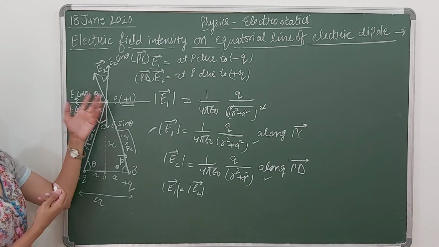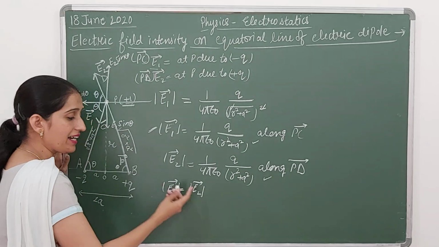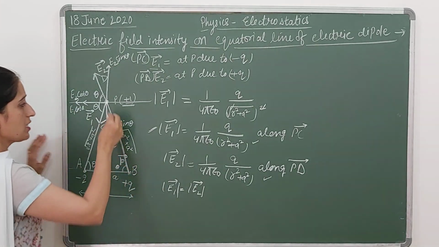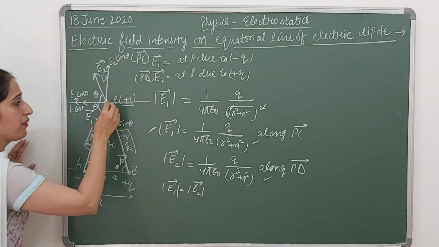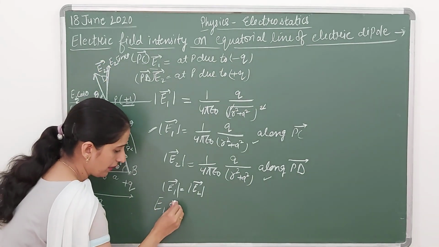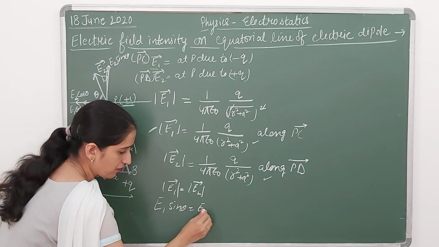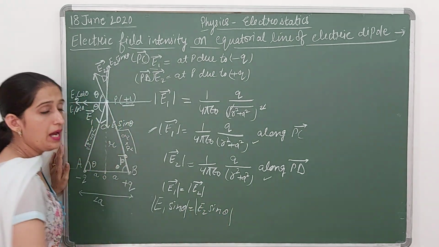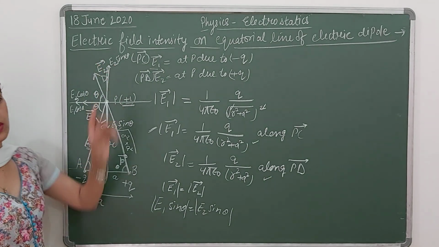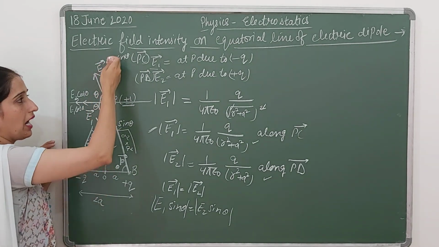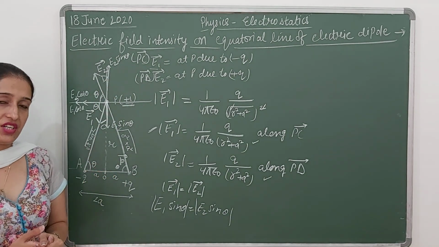So the cos theta and sin theta components will also be equal. E1 sin theta is equal to E2 sin theta in magnitude only, but their directions are opposite. They are at 180 degrees to each other, anti-parallel.